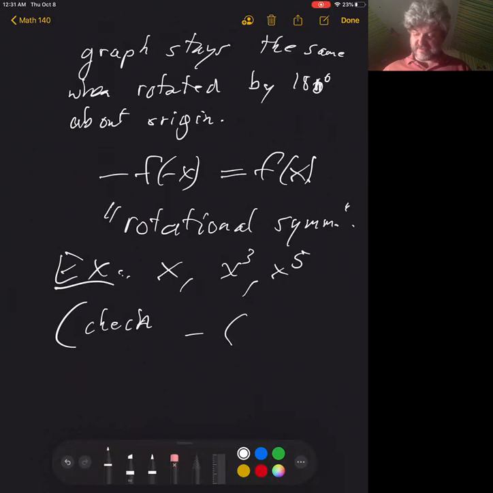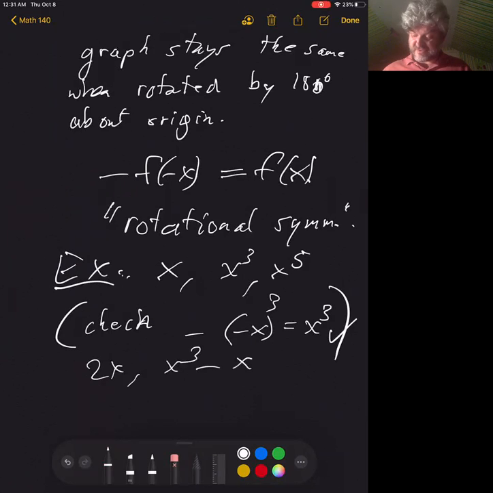Use negative x as input for the cube function, and you check, yes, it's the same as negative x cubed. Check. Again, you can multiply these by constants. You can add them together or subtract them. I meant x to the 5th.